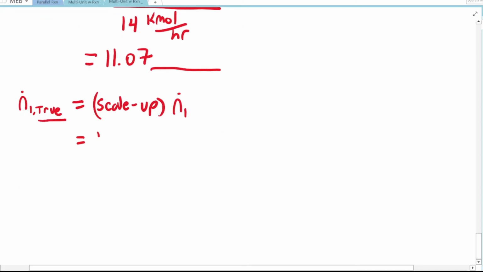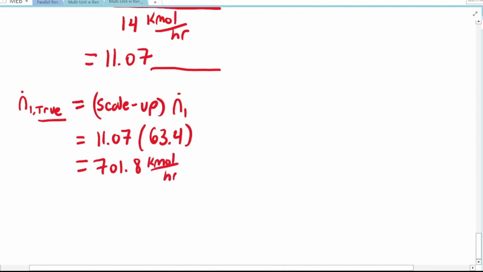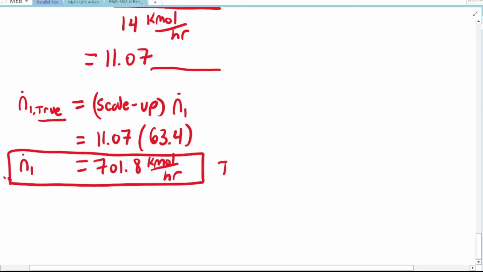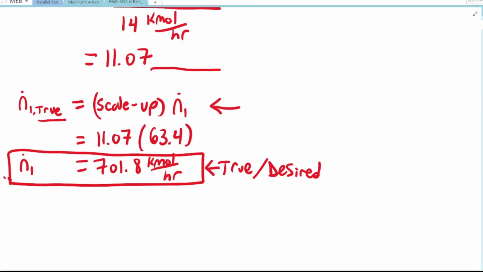In this case, it's 11.07 multiplied by 63.4, to give me 701.8 kilomoles per hour. So that's my true, or desired, N1 dot. And from here, you're just going to repeat this procedure for every single one of your flow rates.